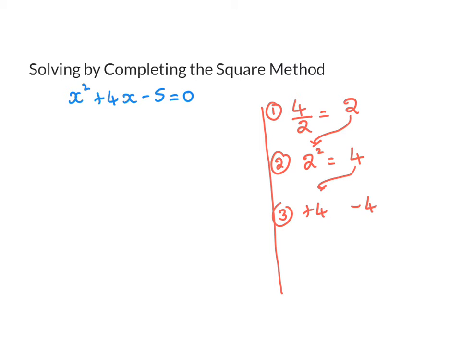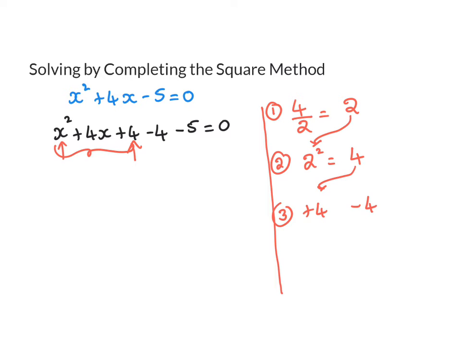Now we are ready to go. So x² + 4x. Now we will add 4 and subtract 4, the one that we got in step 3. Then −5 remains as it is, equal to 0. Now in this, the first term is a perfect square, the third term is a perfect square, and the middle term is 2 times x times 2.